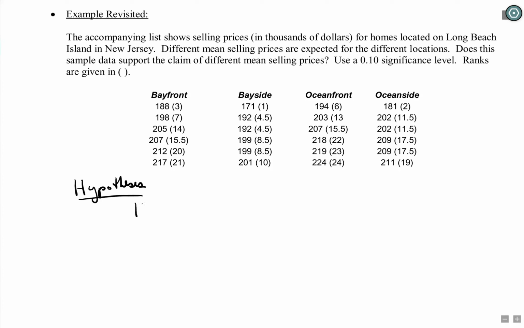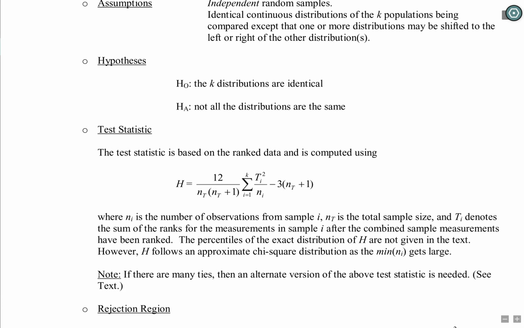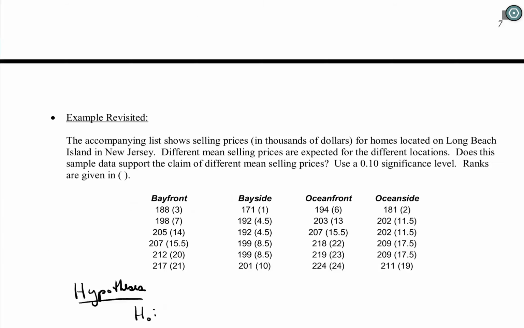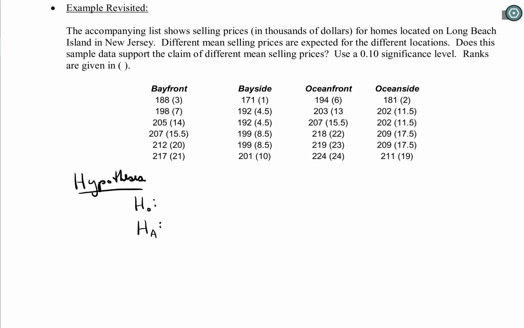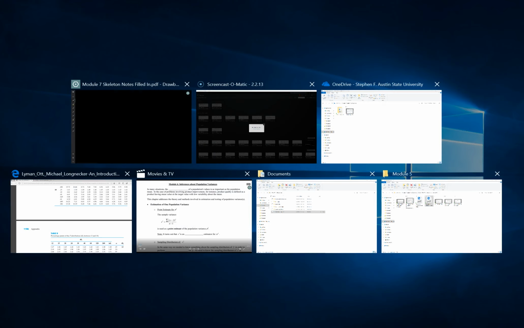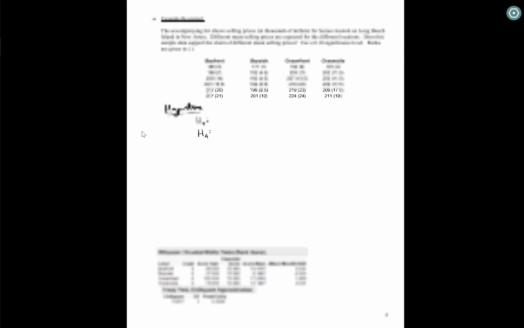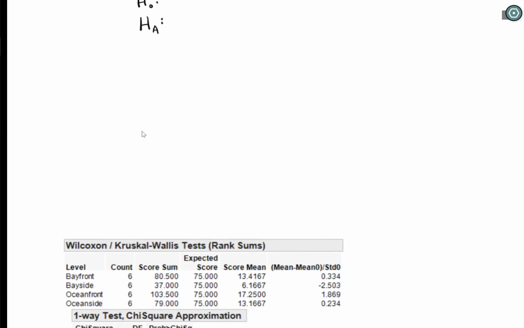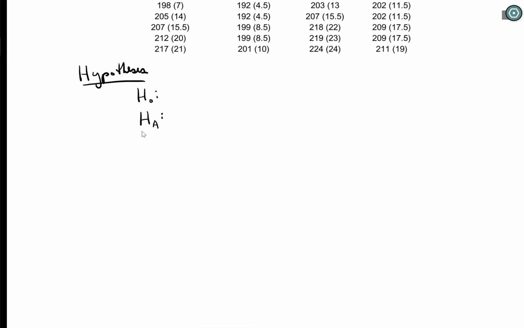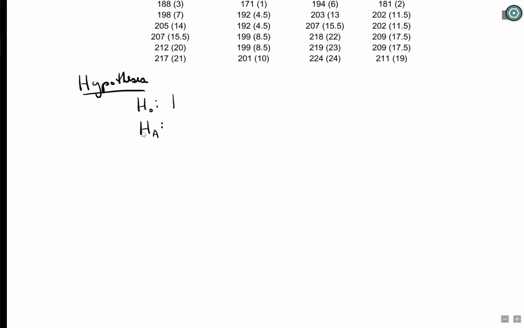The null hypothesis in general is that the k distributions are identical. And so what I would have here is that the four location distributions are the same.